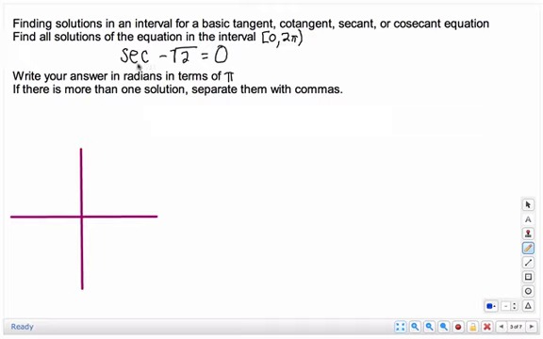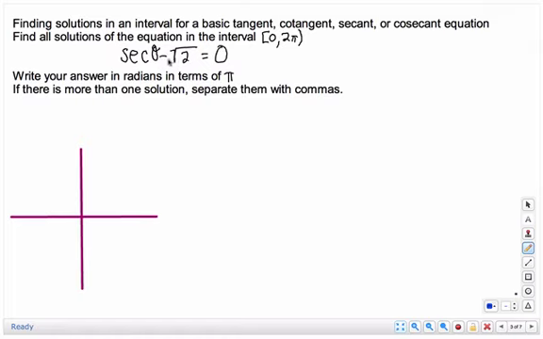Okay, so here, secant of, and one thing I forgot when I wrote down that question was the theta. So secant of an angle theta minus the square root of 2 equals 0. The first thing we want to do is get secant of theta by itself on the left side of the equation.